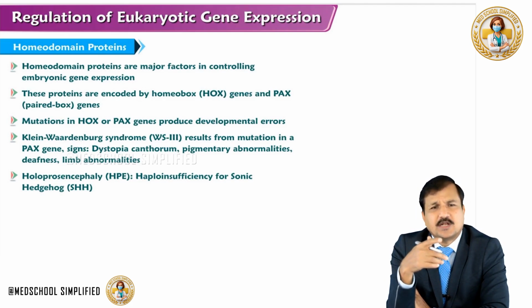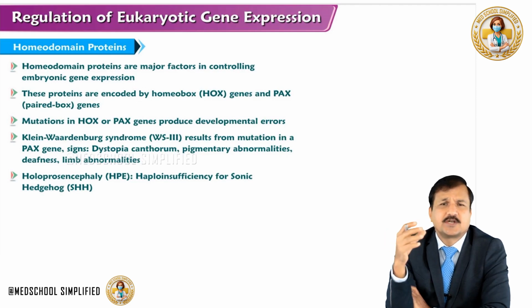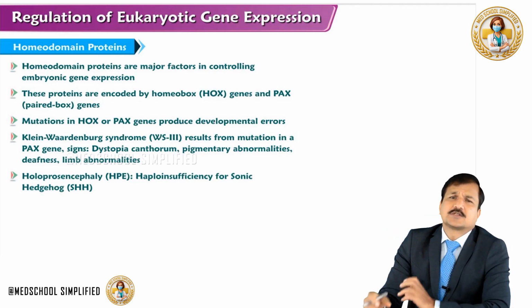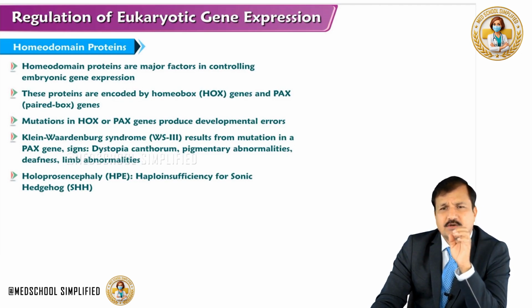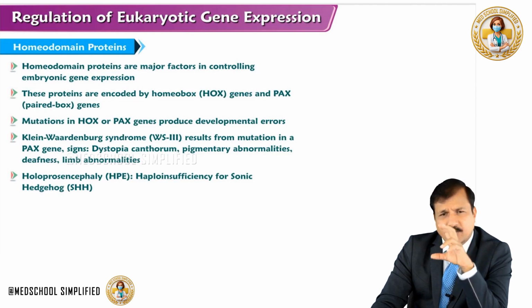Sequential and coordinated gene expression is necessary for proper tissue and cell differentiation, especially during embryonic life. The group of regulatory proteins called homeodomain proteins are the major factors in controlling this embryonic gene expression. Each regulatory protein is responsible for activating a different set of genes at the proper time in development.